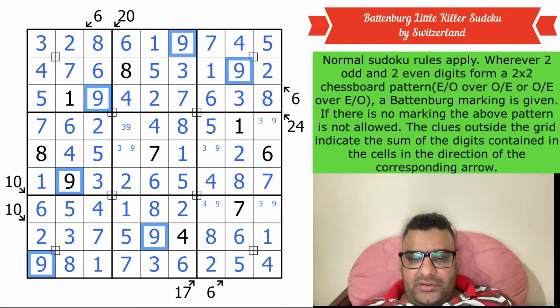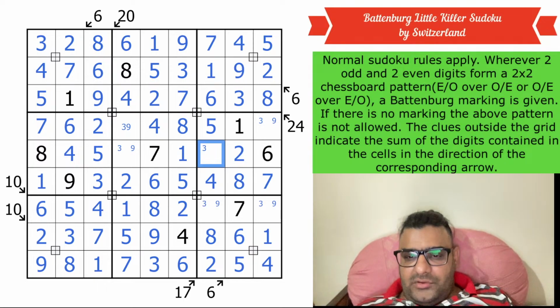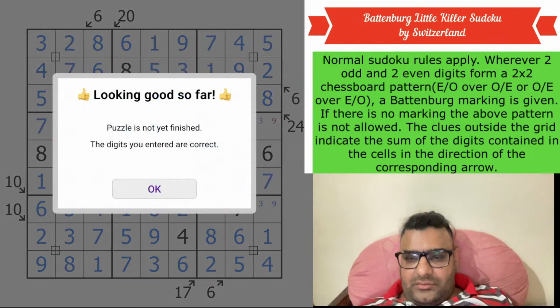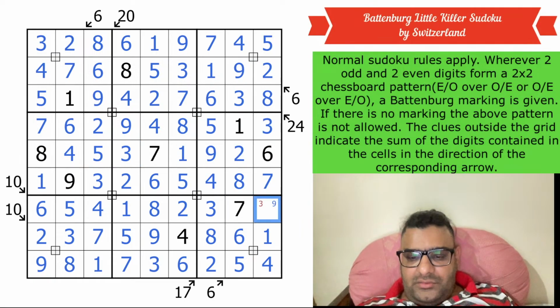Okay, if I put 9 here, then I think this is a 9. I am only taking a guess. This would be 3, this would be 9. This would be 3, 3, and 9.